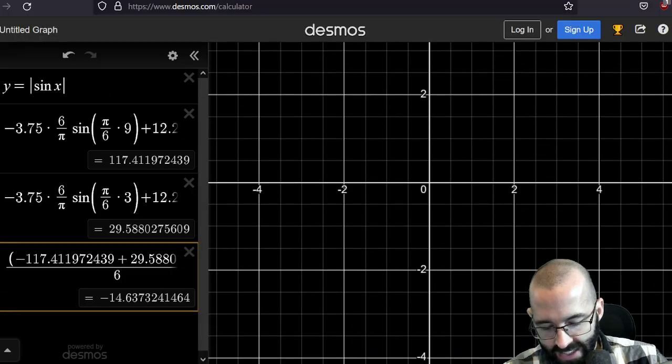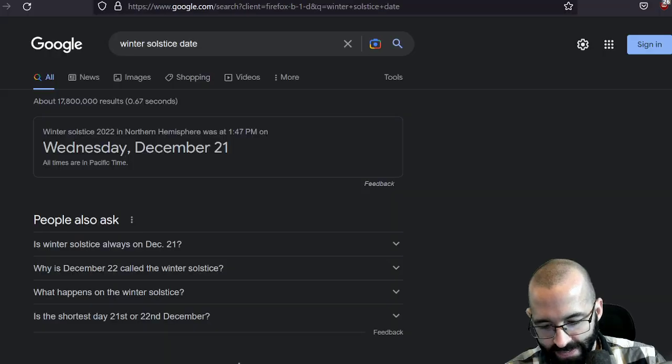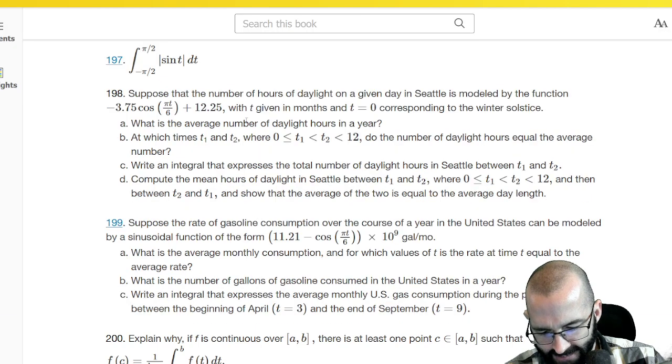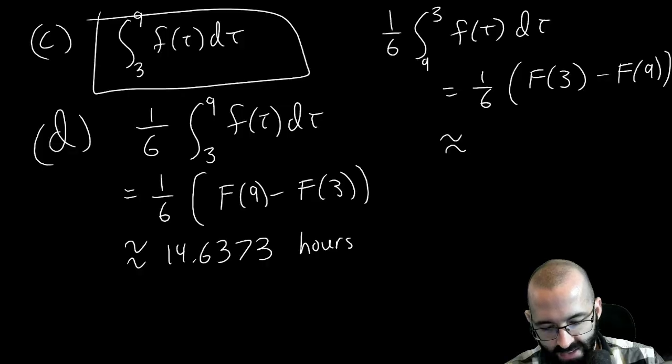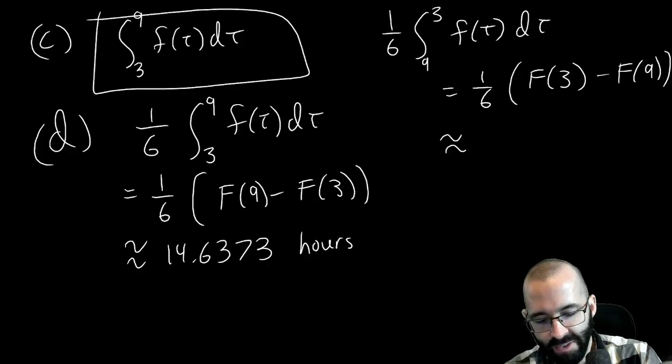Okay, so let me reread the problem. Compute the average number of hours of daylight between T1, which is 3, and T2, which is 9. So, all right, B minus A over here is negative 6 for starters.